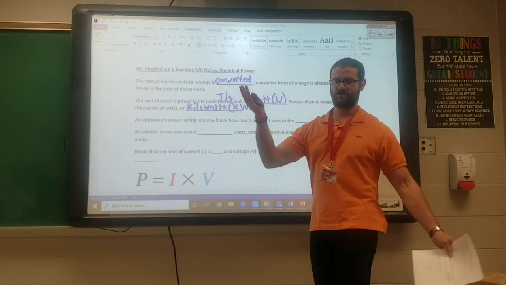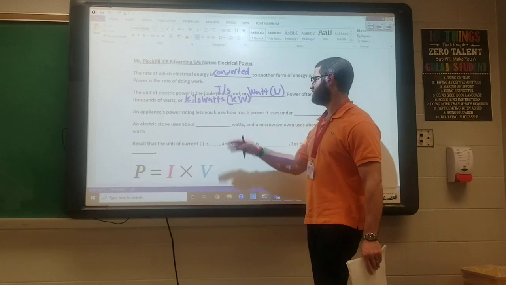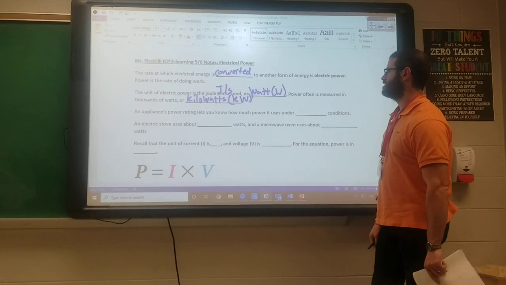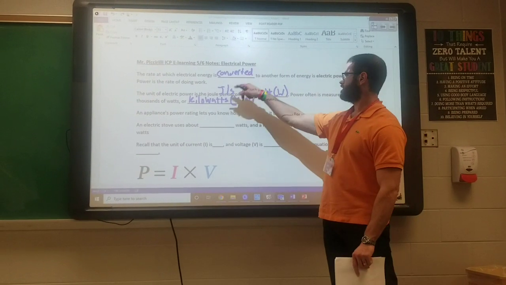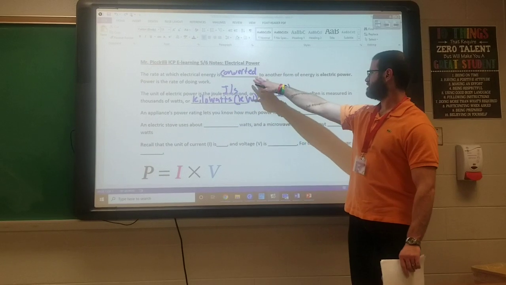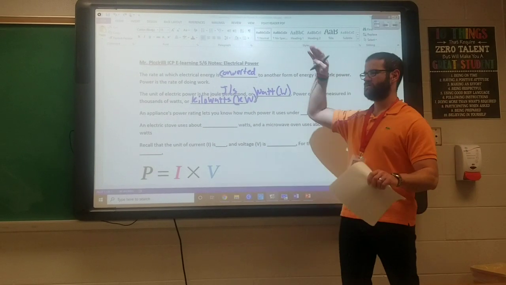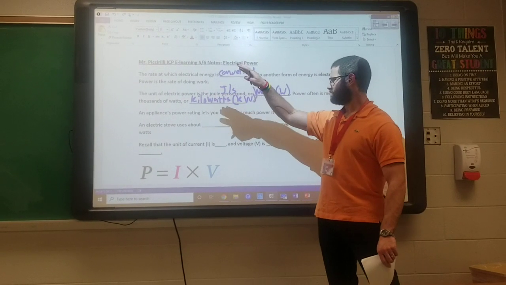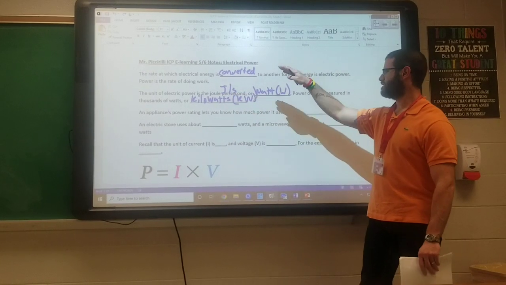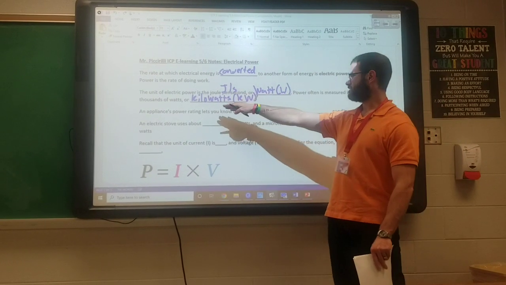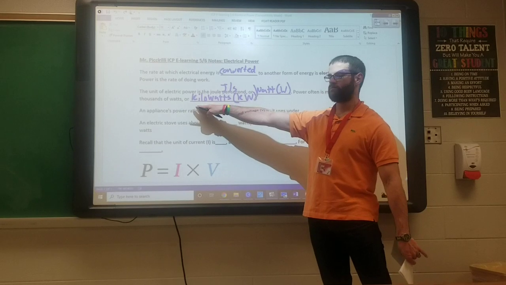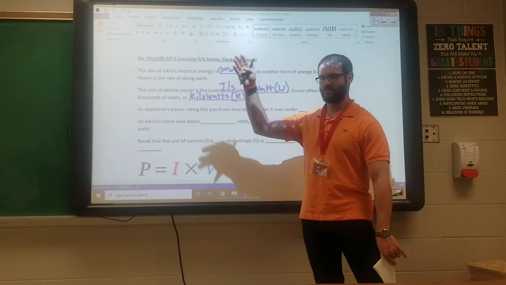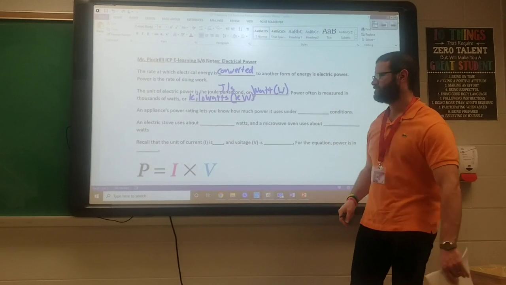Just like kilograms is 1,000 grams, kilowatts is 1,000 watts. Electrical power is the rate at which electrical energy is converted to another form of energy. The standard unit is the watt, although sometimes we see kilowatts, depending on the application.